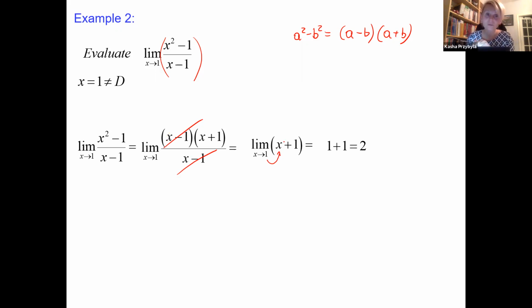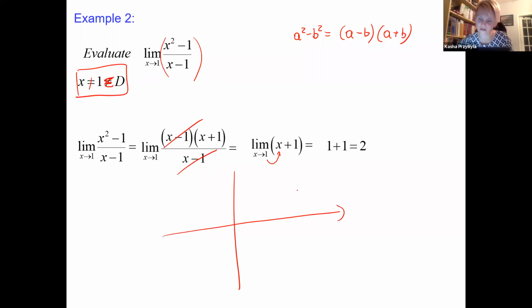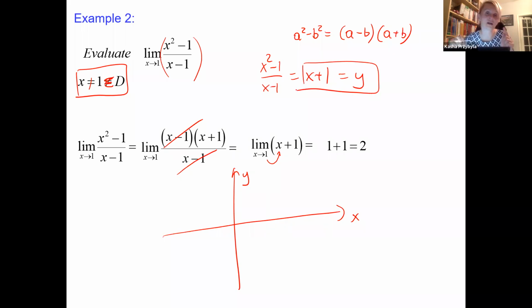But we still have to remember, the function is still not defined at x equals 1. I can draw this function a little bit here, because from that formula we managed to simplify and get x plus 1. x plus 1 is just a line, with slope 1 and y-intercept 1.